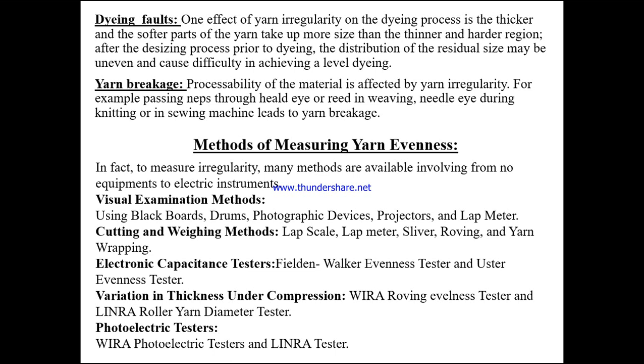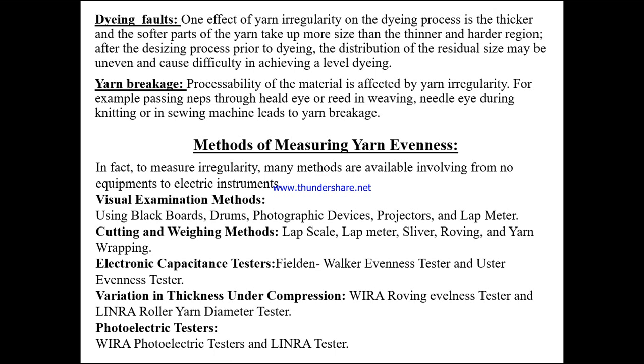It's an easy method. In industry, visual examination methods are practiced in yarn spinning mills to identify thick places and thin places on the yarn surface. Then the cutting and weighing method. For thicker textile strands such as lap, sliver, roving, and even yarn, we cut the strand into different lengths and take the weights of a number of samples.